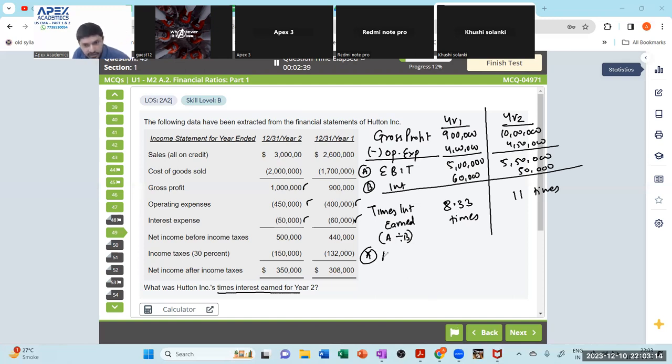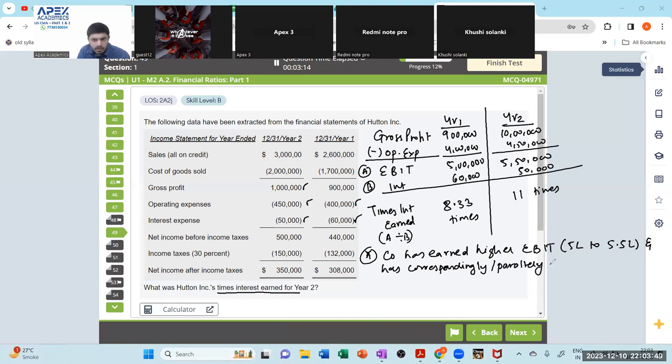My dear friends, notice my comments. Number one, the company has earned higher EBIT, 5 lakhs to 5.5 lakhs, and correspondingly has reduced its interest burden from 60,000 to 50,000.